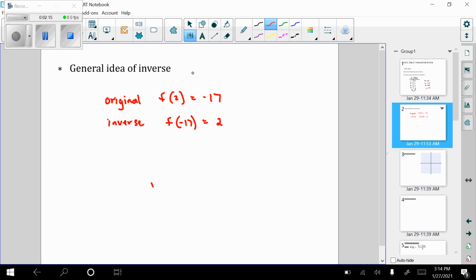So here my x and y switch places, input, output, switch places. Or if you look at domain and range, they switch places. Okay, so that's the general idea of an inverse.